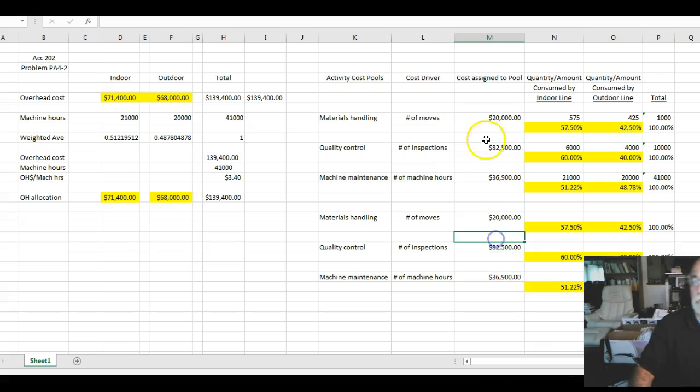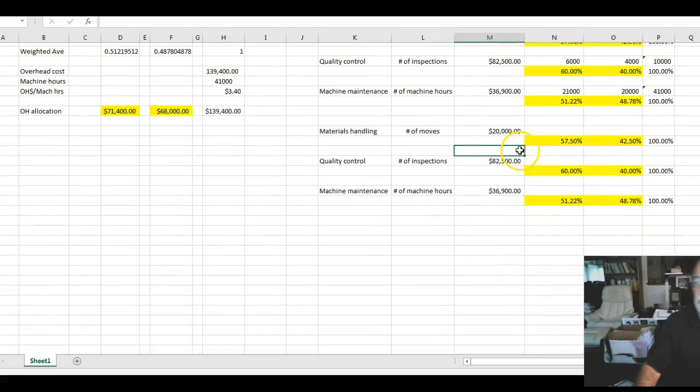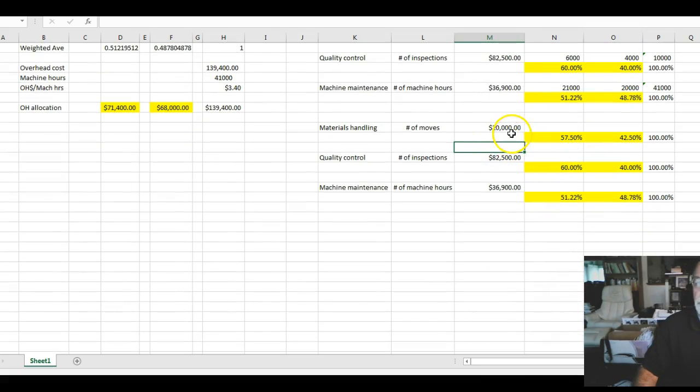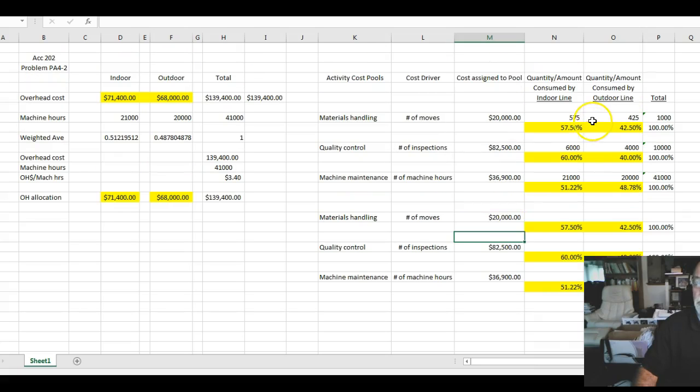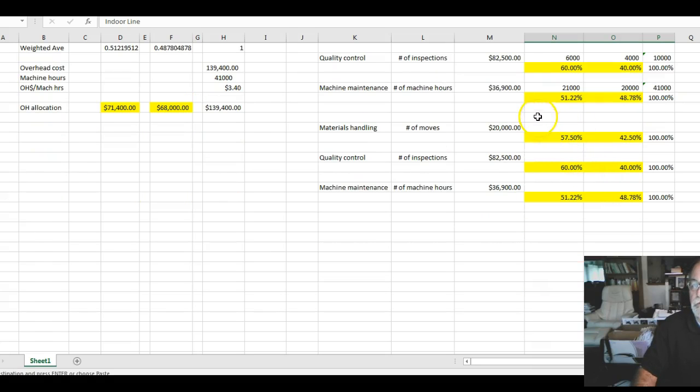Okay, we want to show the amount of the total cost for each of these three activity cost pools for indoor and outdoor. And I guess I should bring this information down so that we can see it, indoor and outdoor.